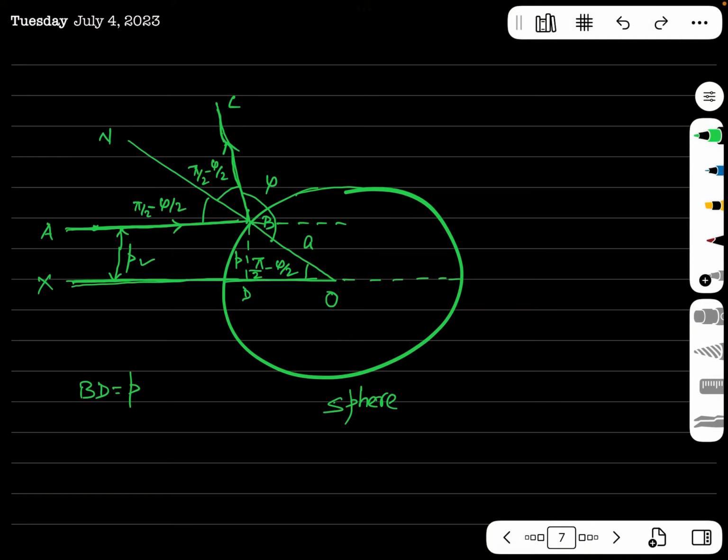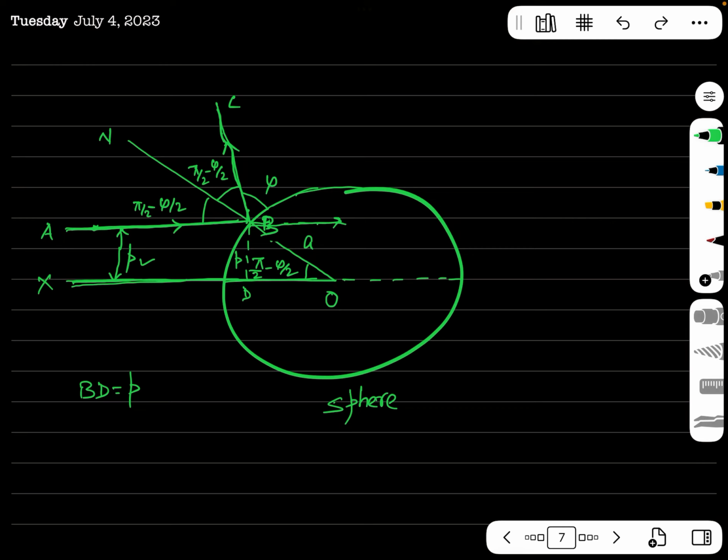Actually, I have marked something here wrongly, so see here. This is the incidence direction, and this point is B, as I have marked. BC is the scattered direction.